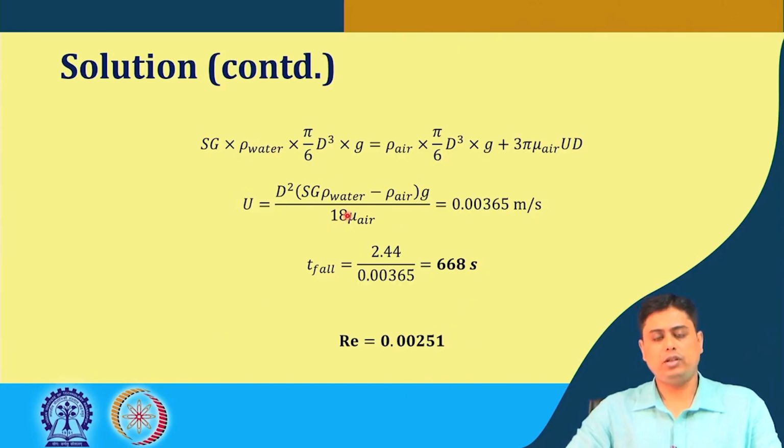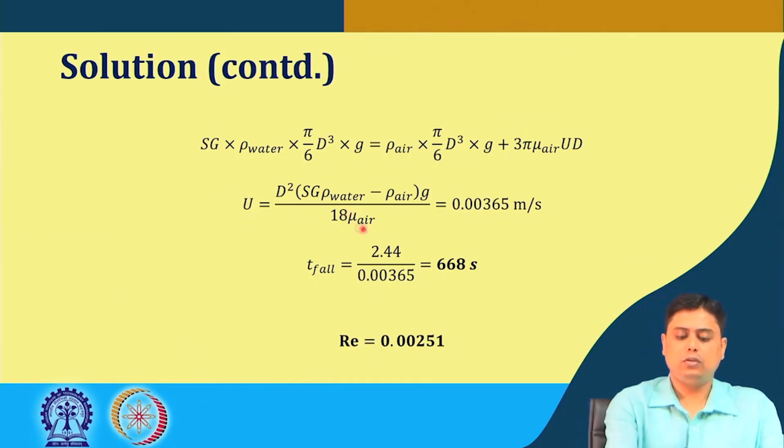If you remember, I mentioned that this terminal velocity is nothing but when the particle attains a constant velocity after its initial acceleration while falling through a stagnant medium. So, this is the expression of u, terminal velocity, and then after replacing these numerics that are given in the problem, we can find out that this is the value of u.